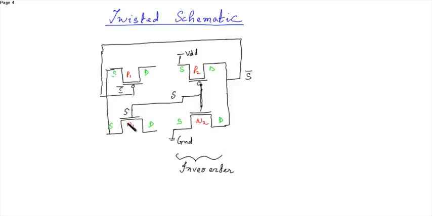The drains of the PMOS and NMOS are also shorted. So this is a twisted schematic diagram. Here you'll apply the input in from the source, and from here you get the output as out. So this is a twisted schematic diagram of a transmission gate. Now let's see the layout from the twisted schematic.